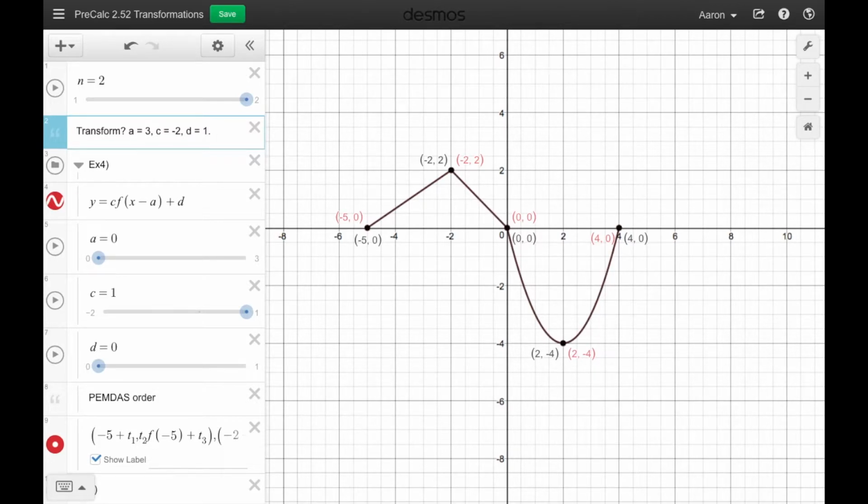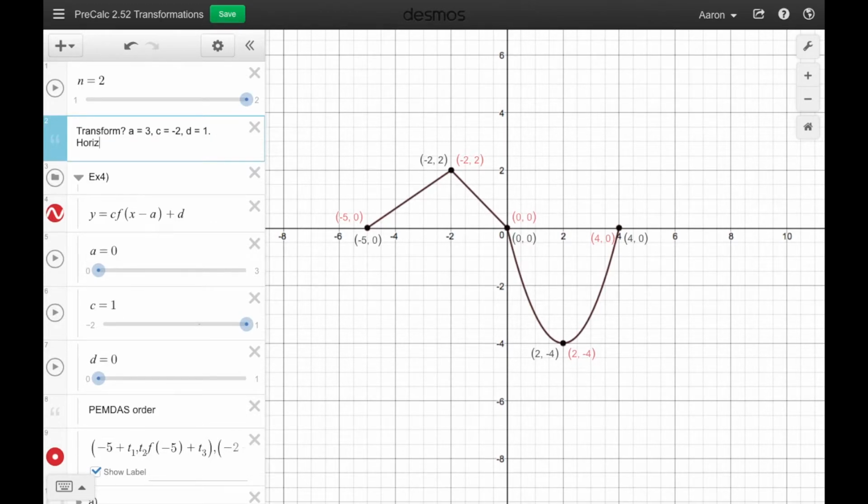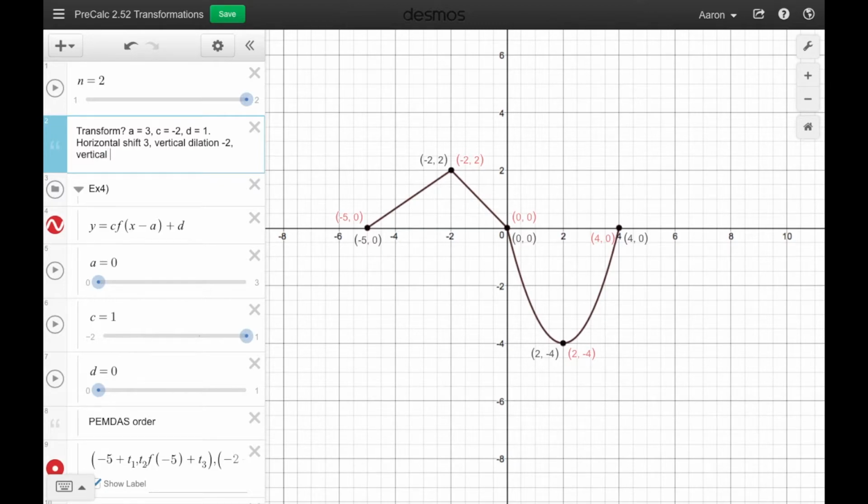So therefore, we're going to have 3 different transformations. We're going to have a horizontal shift of 3, a vertical dilation by a factor of negative 2, and a vertical shift of 1.